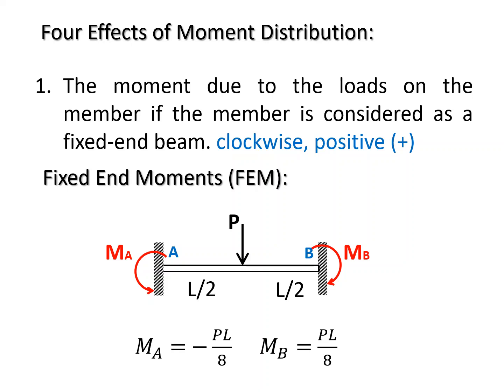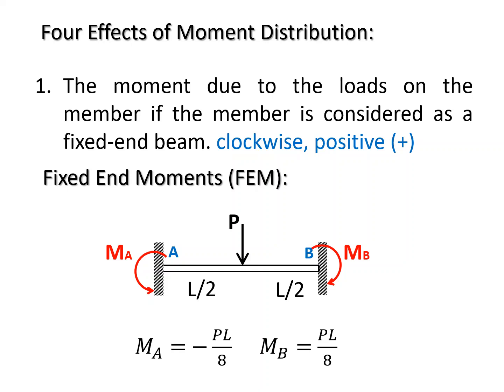So the left moment will always be counterclockwise, and the right moment would always be clockwise. As you can see, the P force is applied at the middle of the length L. Therefore, the fixed end moment is PL over 8. And they're actually just the same for MA and MB, but of different sign.